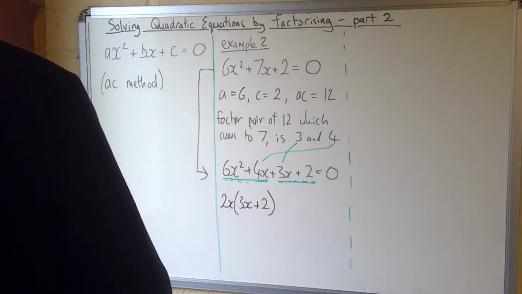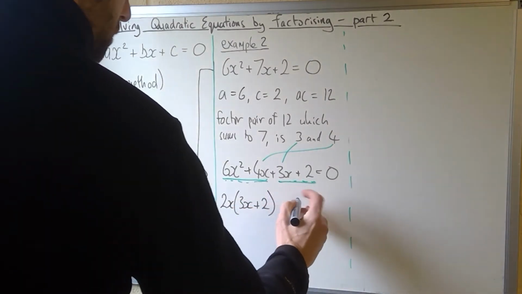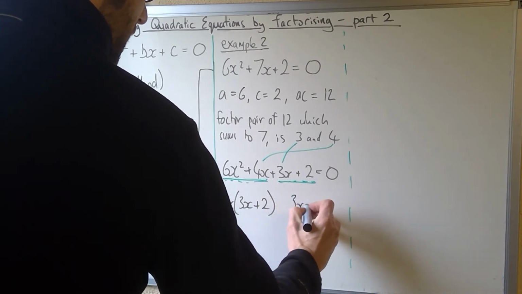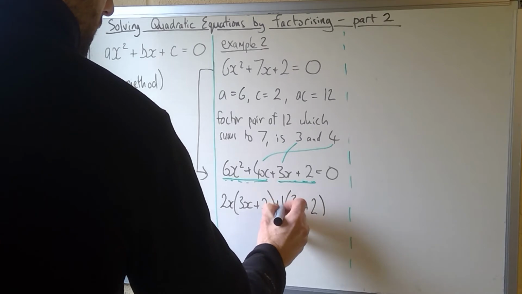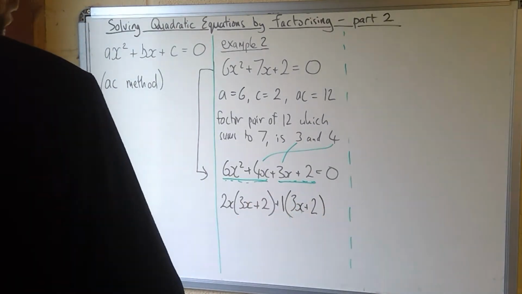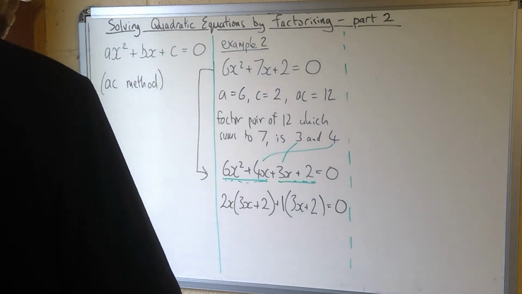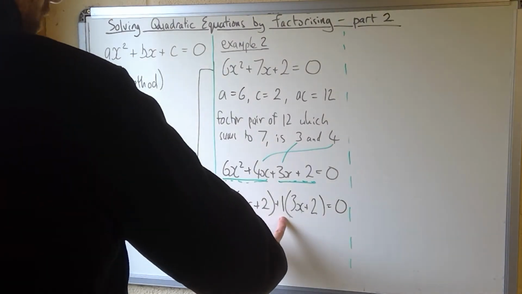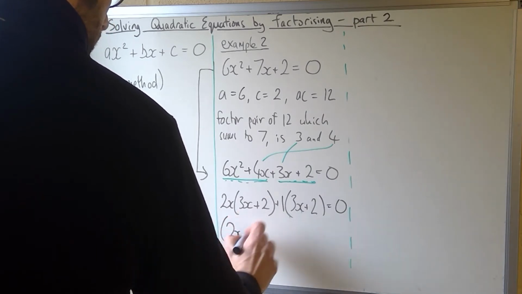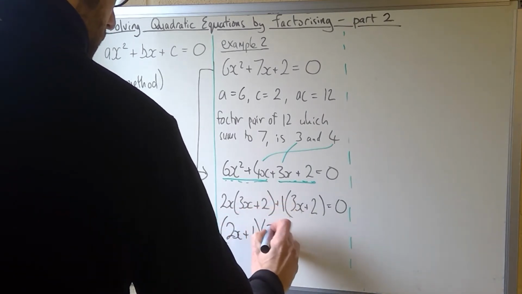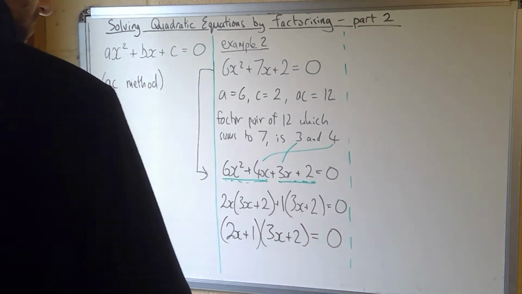And the whole point in this method is that I end up with a repeated bracket. Well, this one is already 3x plus 2, so I can't actually factorise that. But to make it constant, what I do is I factorise a 1 out, common factor of 1, and so I get that there. What I then do is take these two values here, and that makes my first bracket, 2x plus 1, and my second bracket is this repeated bracket here, 3x plus 2.